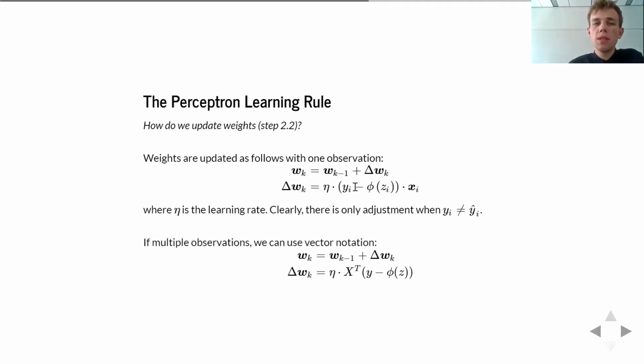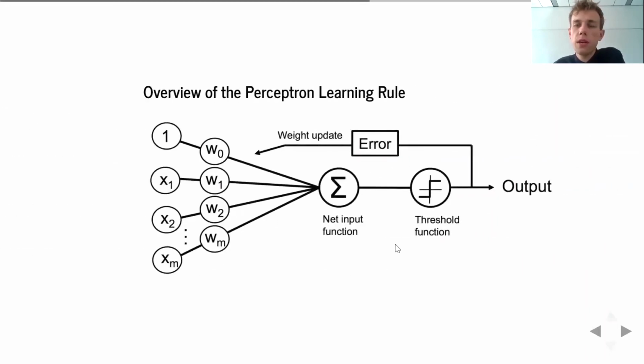In general, when we work with the perceptron model, we will only update for one observation at a time. However, we can also update for multiple observations at a time. Then we will use this type of vector matrix notation. Okay, and this is how the perceptron learning rule can really be illustrated. First, you have a given set of features, this is basically the observation, and you have your weights here.